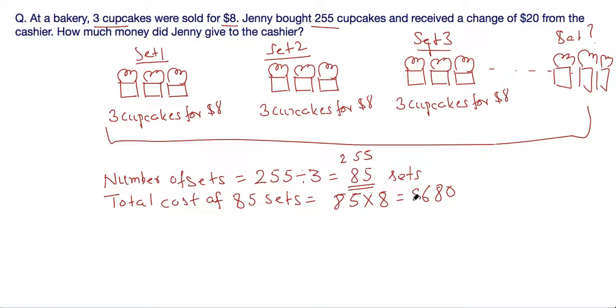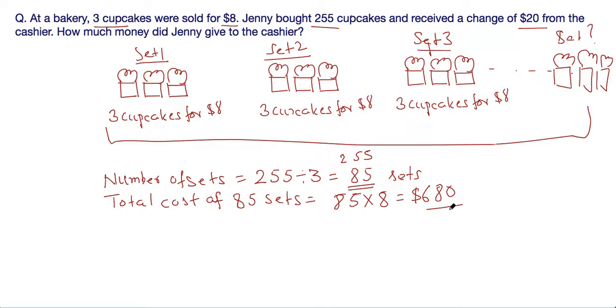But the thing is, she has received a change of $20 from the cashier. That means she has not given the cashier the exact amount. She has given more than it. So let's take an example. Suppose I go to the supermarket and I buy a cake which costs me $8, and I give the cashier $10.